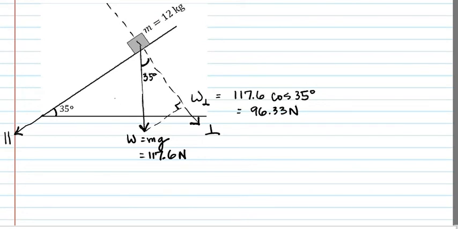And we can take the weight and look at the component up in the parallel axis. So we'll draw up in that direction, makes a 90-degree angle. And this is going to be the W parallel. The W parallel is going to come from the sine of that angle.